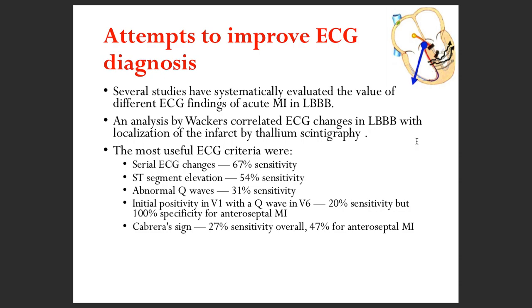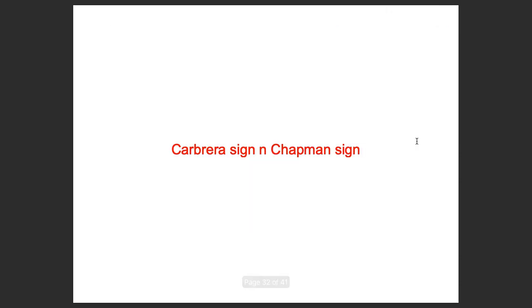Something is called the Cabrera sign. And the Cabrera sign is not a really good sign, not the best sign if someone wants to comment about it. That's why it has 27% sensitivity and only like 47% if you really want to comment about whether it is really an MI as well.